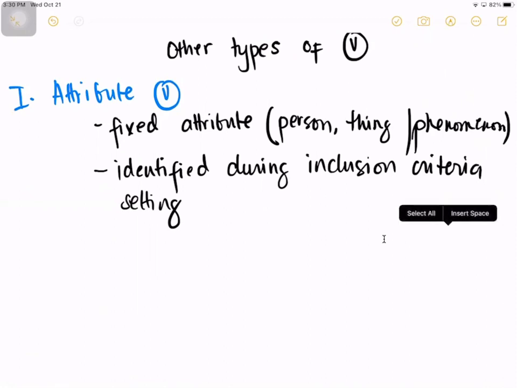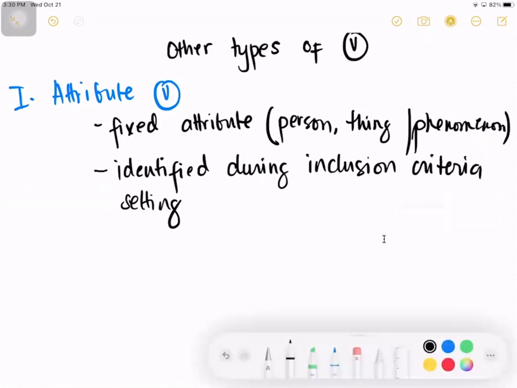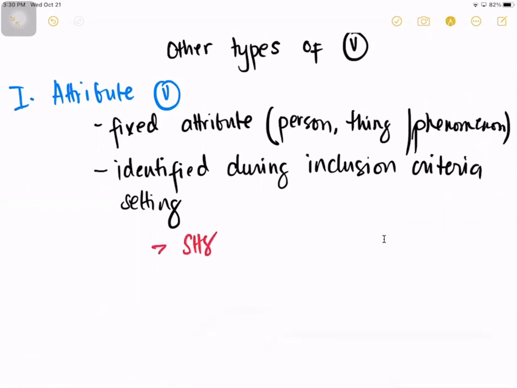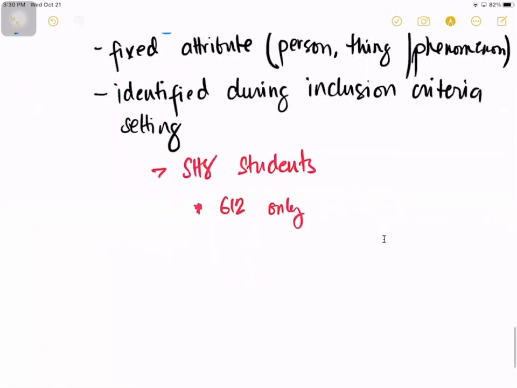So let's say you set your inclusion criteria and you say, okay, sir, I wanted to conduct a study on senior high school students, but they need to be only grade 12 students, and exclusively from the academic track.